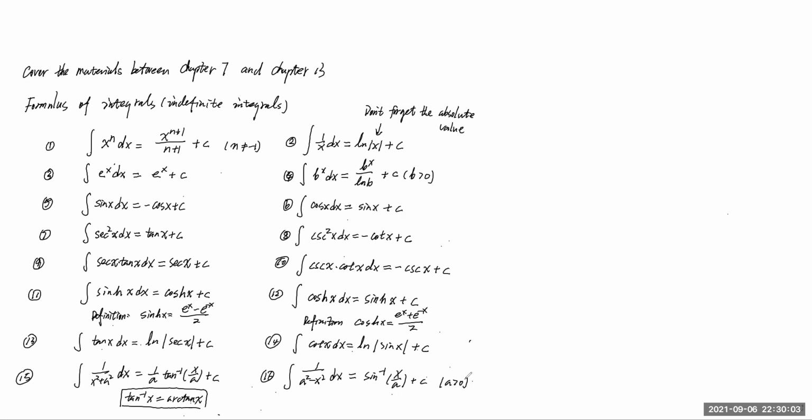Okay, like what I said. Here, some people write sine inverse x as arcsine x. Just a notation. That's not a big deal. Okay. For all of these formulas, I think you should memorize them.